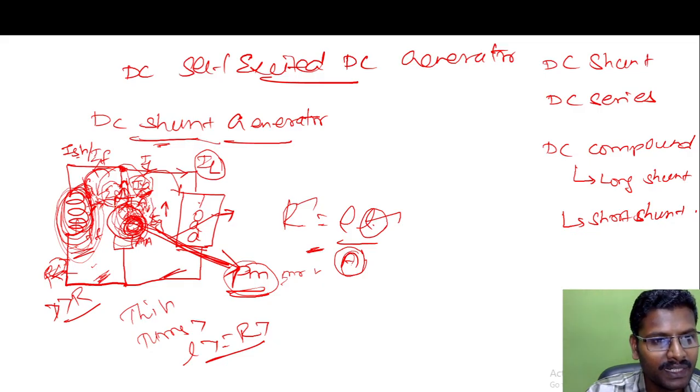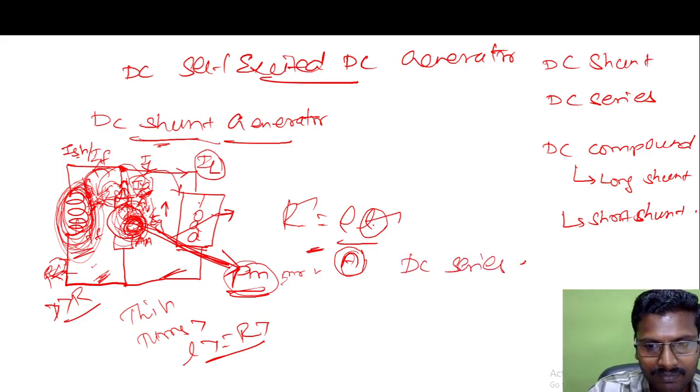It should be connected in parallel. If we connect this large number of turns coil in series with the armature conductor, then we will have a huge amount of current flowing through the conductor, which will make the machine burn out, right? So now we'll see DC series generator with the help of circuit diagram.